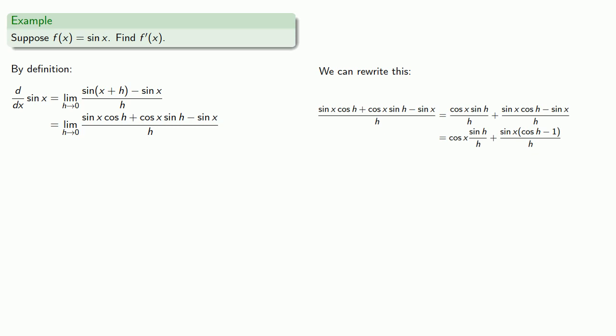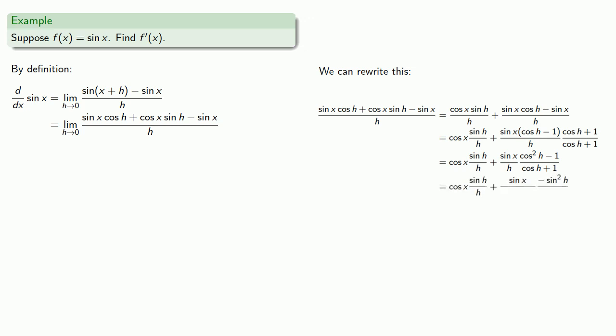And we don't know what to do with cosine h, but there is a connection between sine and cosine. And we can get there if we multiply numerator and denominator by cosine h plus 1. Because if we do that, we get this cosine squared h minus 1, and we can use the Pythagorean identity and make that minus sine squared h.